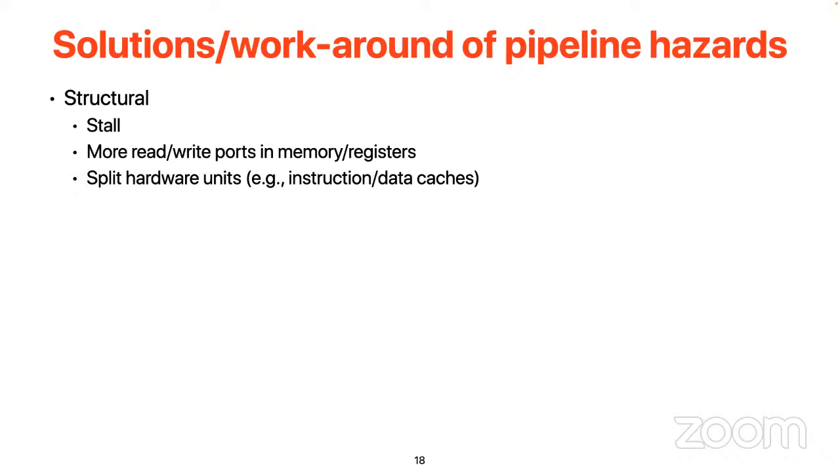For example, instruction and data caches are now split in most processor designs, so that you don't have to compete for memory bandwidth between instruction fetch, which has to happen every cycle, and data memory access, which would often have conflicts or misses, or would interrupt the access of an instruction, which you definitely don't want to happen.